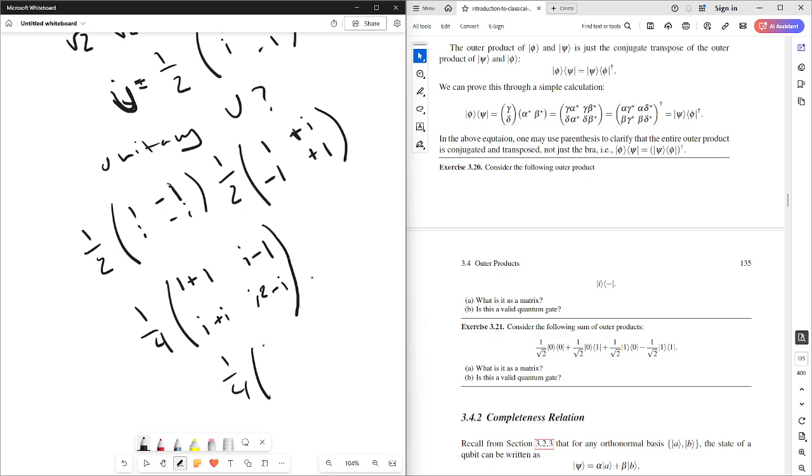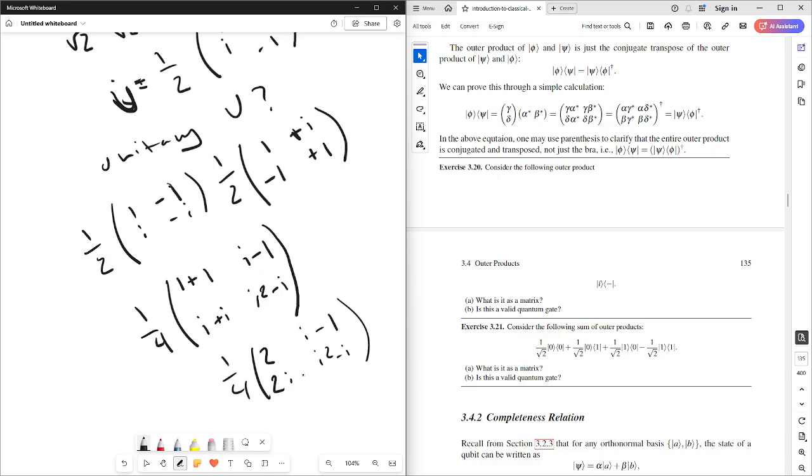Because this should give us 1/4 of 2, 2I, minus 1, I squared minus I, which is not an identity matrix. So either this is not a valid quantum gate, or I did something mathematically wrong.